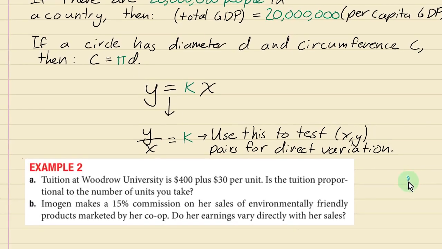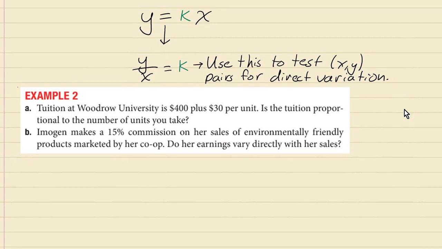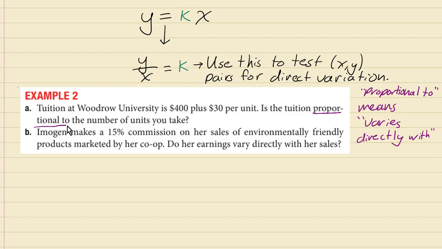And here's an example of that. If you've got some kind of description of a situation like this, and you want to know if this is direct variation, the first question here says proportional to, and let's remember that proportional to means the same thing as varies directly with.